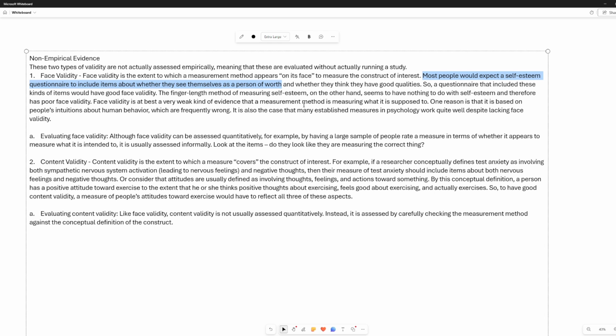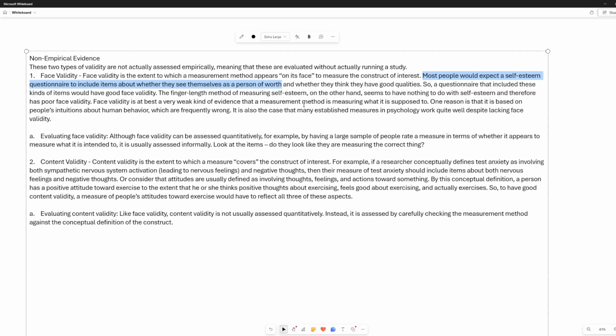That being said, when it comes to face validity, sometimes we actually want slightly less face validity, because there are some items that might be too obvious about what you're measuring, especially if it's measuring something potentially negative, like let's say I was assessing someone's level of racism.